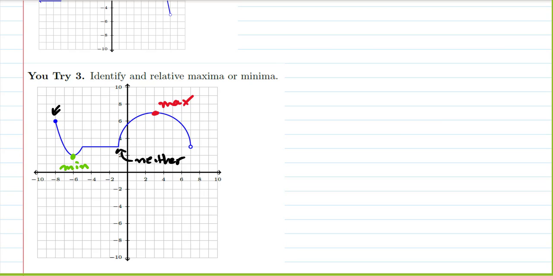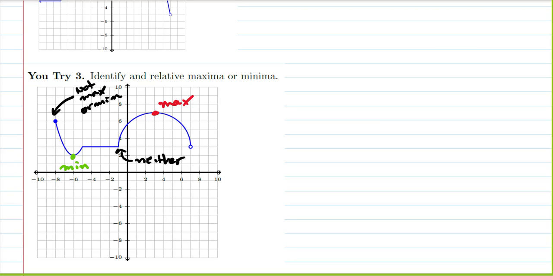And this one is also not a max or a min, because it doesn't change from increasing to decreasing or from decreasing to increasing. So not max or min. So really, what we're observing for is changing from decreasing to increasing or changing from increasing to decreasing.